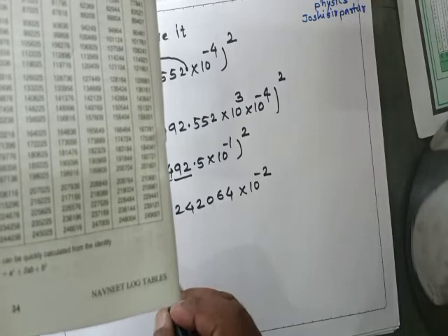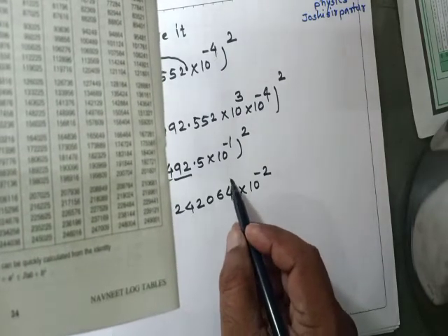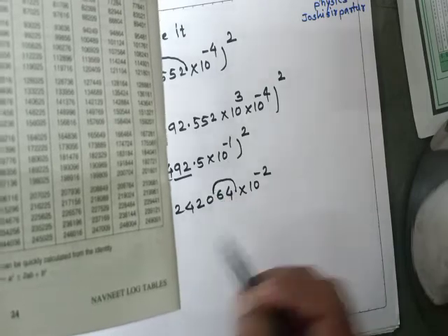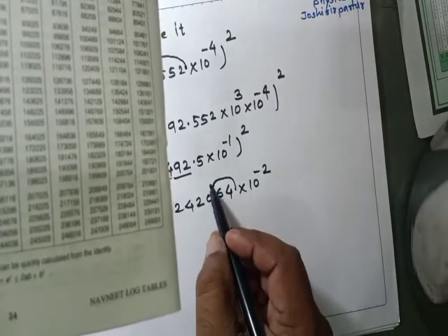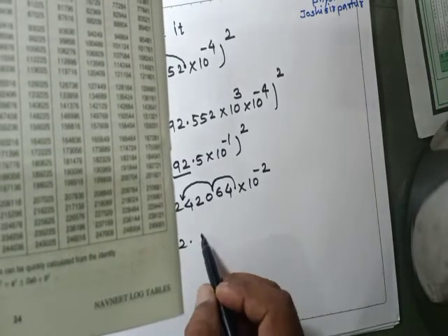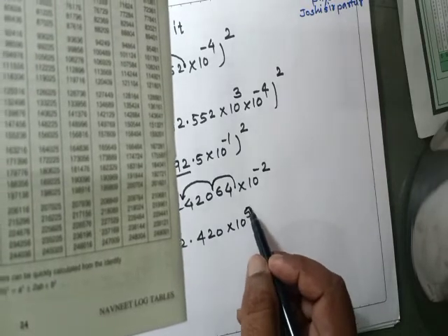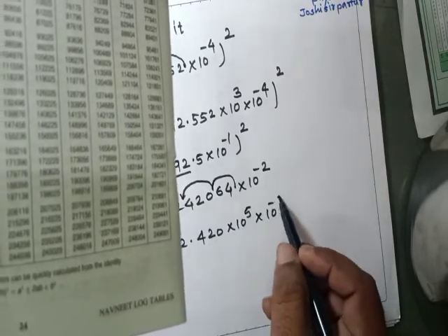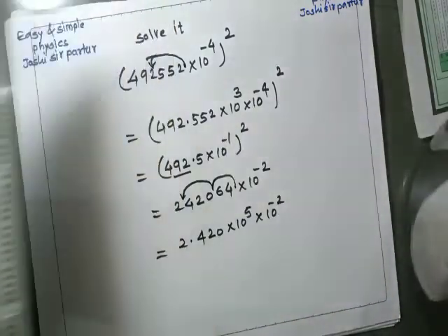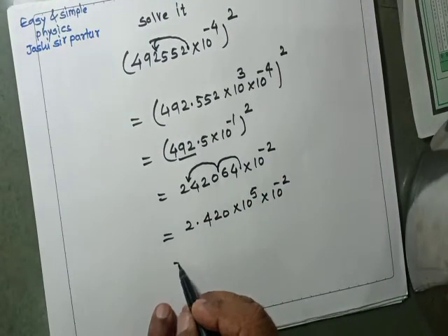So your answer will be, when the decimal point is shifted towards 2 digits or it is shifted towards 5 digits, the answer will be 2.420 into 10 to the power 5 into 10 to the power 2. So what happened? From this 5, 2 can be remaining, 2 can be subtracted.